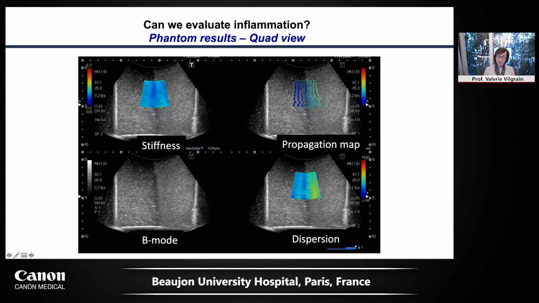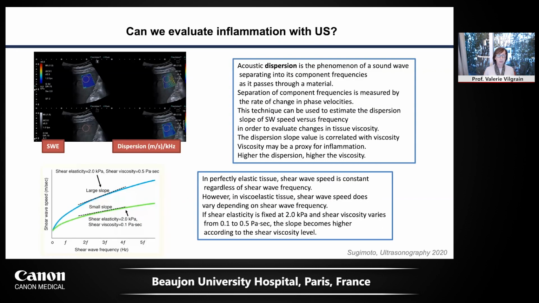We can have an idea of the propagation map, and this helps to place the ROI within the map. There is the B-mode, and here, in the bottom right, you see again the map of the dispersion slope with again two different tissues with a different viscosity. So we can guess that we can capture the viscosity of the tissue.